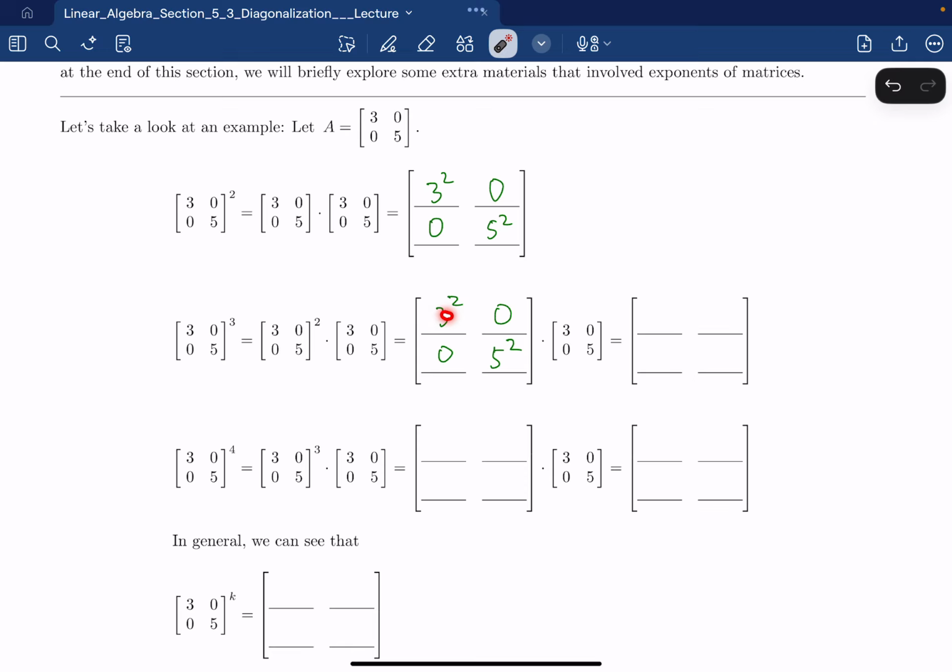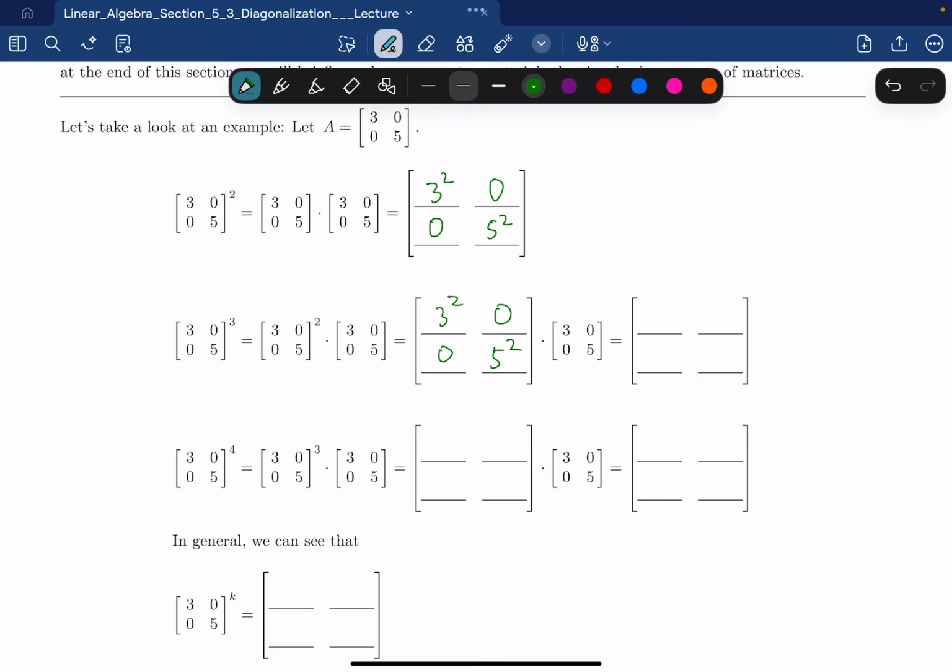Then 3 squared times 0 plus 0 times 5, that's just 0. 0 times 3 plus 5 squared times 0, that's just 0. And 0 times 0 plus 5 squared times 5, that's 5 cubed. So we get 3 cubed, 0, 0, 5 cubed.